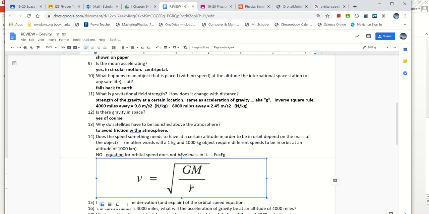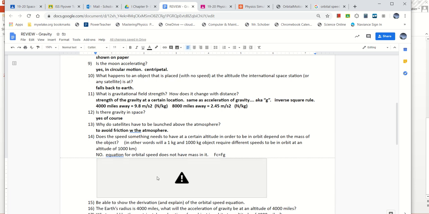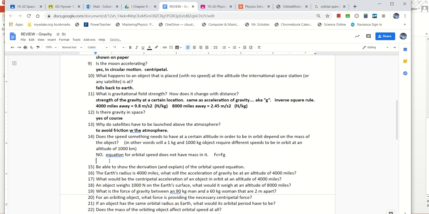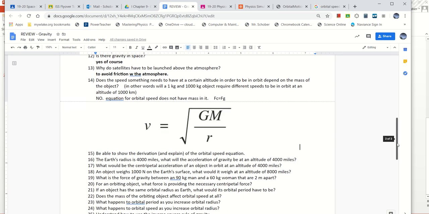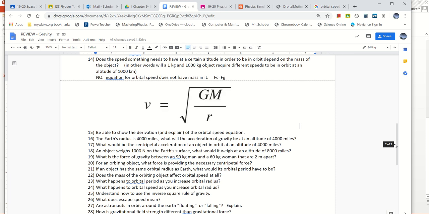You can simply see that with increased radius, the speed required is going to be less. Something orbiting close to Earth has to be going faster than something much, much further away from Earth. In other words, the International Space Station has to have a much higher orbital speed than the Moon does, because the Moon is a lot further away.